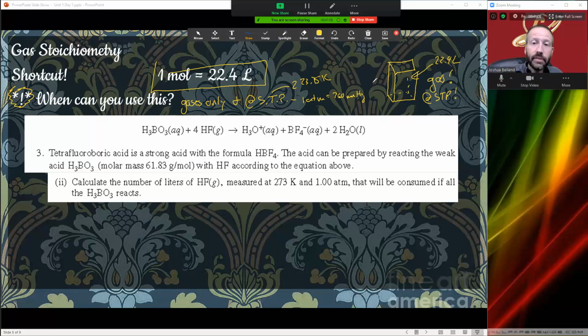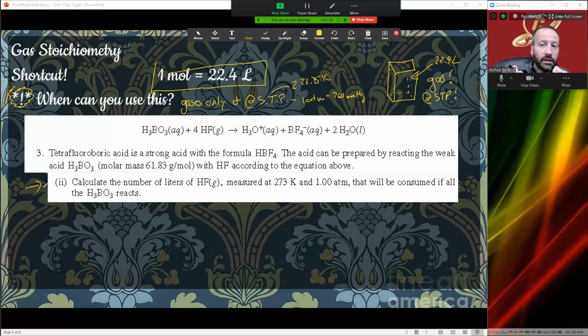Okay. This is an old test question that I feel is very indicative of this kind of question. I'm jumping down here, by the way, sorry, jumping to the final question. Calculate the number of liters of hydrogen fluoride gas, okay, gas, they're telling me it's a gas, measured at 273 Kelvin, and when I see a standard temperature and a standard pressure, I'm already thinking 22.4.